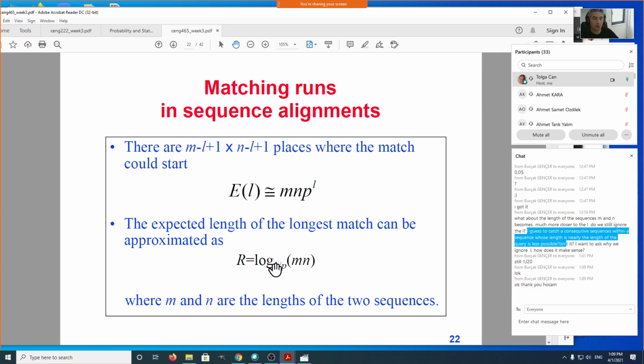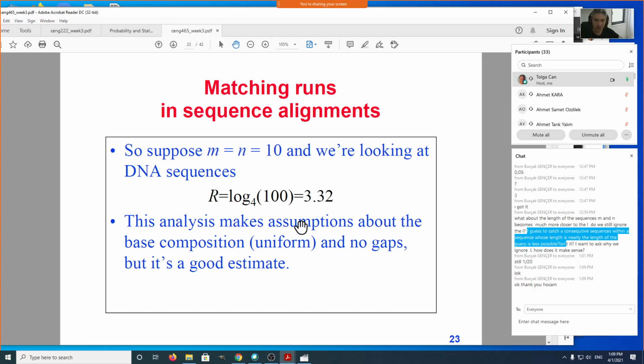It's going to be log base 4 of these, so it's really small. So in that case, we can always ignore this. But as I said, BLAST takes this approximation into account and tries to correct it by multiplying the final result with a constant. We are going to come to that.